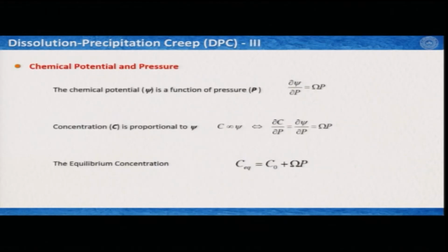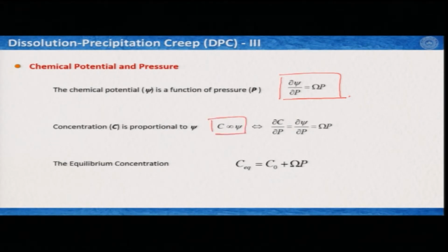Some equations, these are very simple, do not worry about it. The chemical potential, if we consider it as phi, is a function of pressure. So, we can write this equation, and the concentration is also a function of this chemical potential, phi, and is proportional to it.